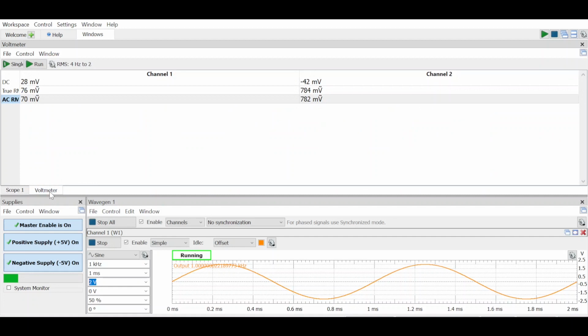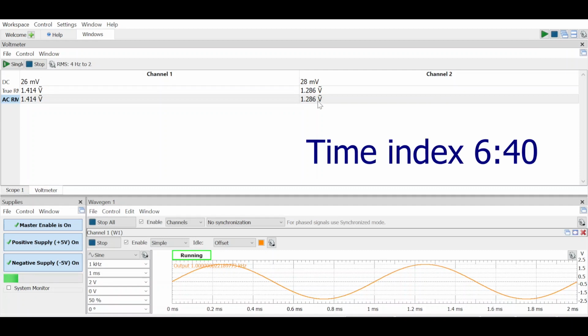Shifting to the voltmeter, channel 1 has a 1.4 volt RMS input, and channel 2 has a 1.3 volt RMS output. If we multiply this value by root 2, we arrive at the 1.8 volts that we calculated earlier.